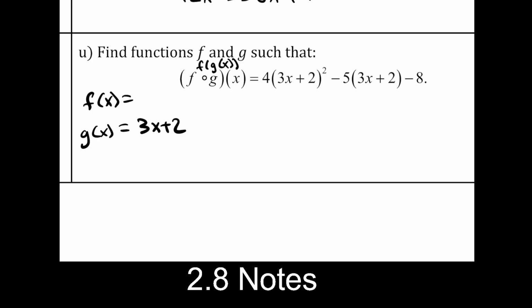My chunk on the outside, my f of x, is going to be 4x squared minus 5x minus 8. Because if I mentally ignore these highlighted chunks, you'll see that it is 4x squared, that's my highlighted chunk, minus 5x minus 8. And if you actually plugged this g of x piece into the f of x piece, you would get what is written. And that's the end of 2.8.